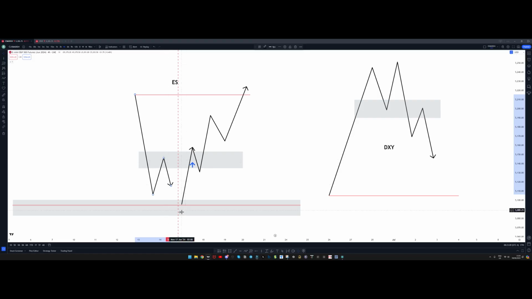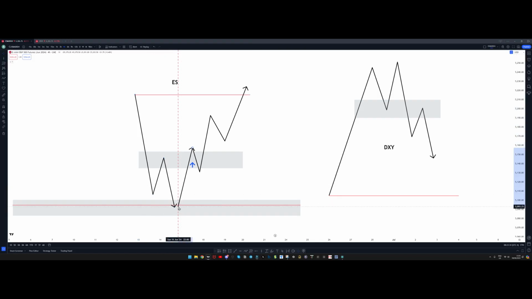I already know that news was at half 8. I already know that we have not hit the drawn liquidity by half 8. I already know that we have not hit the drawn liquidity by half 9. Now I know that at 10 o'clock I'm anticipating the draw on liquidity to be hit.